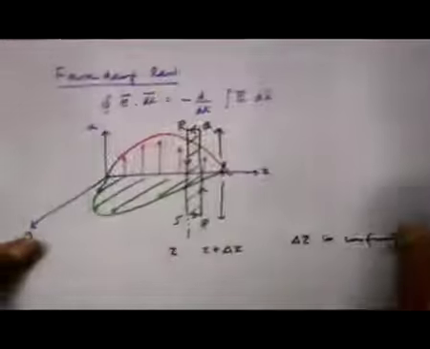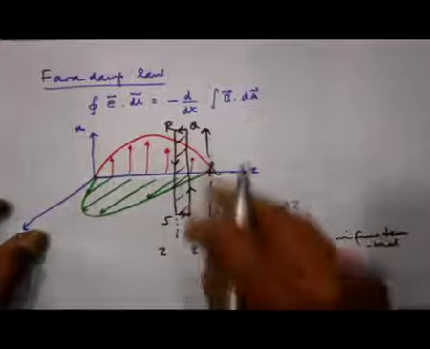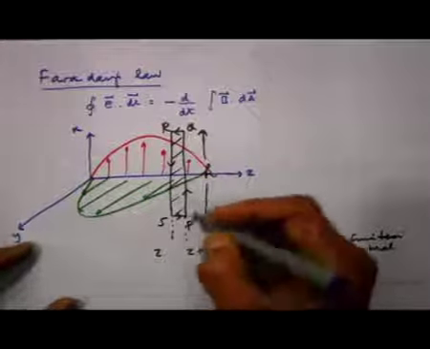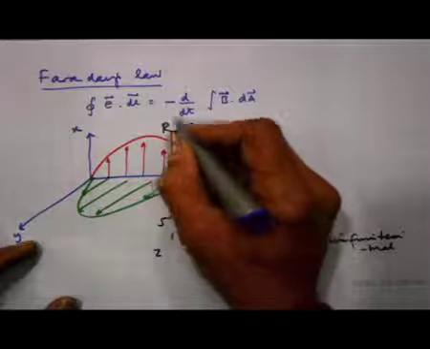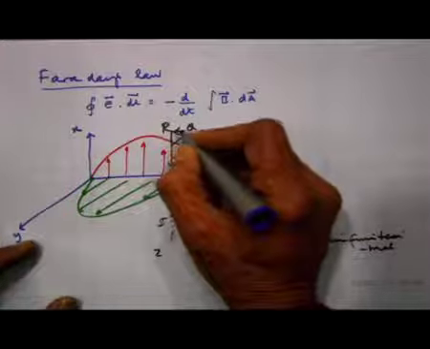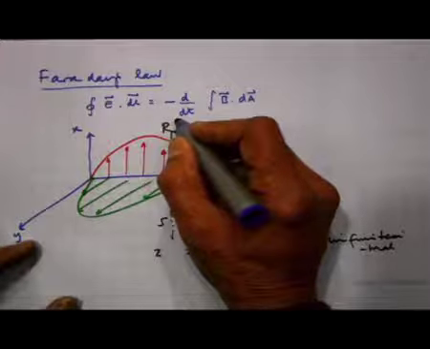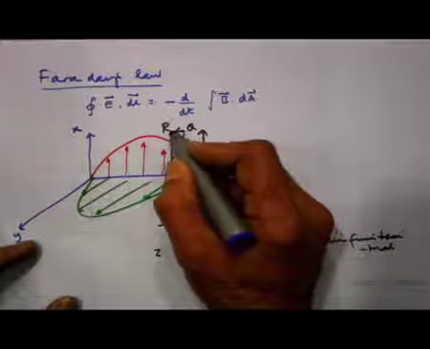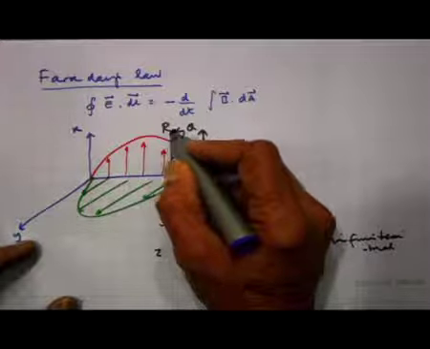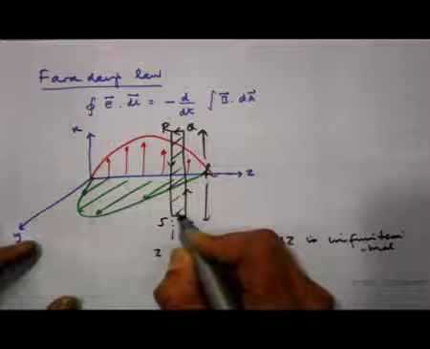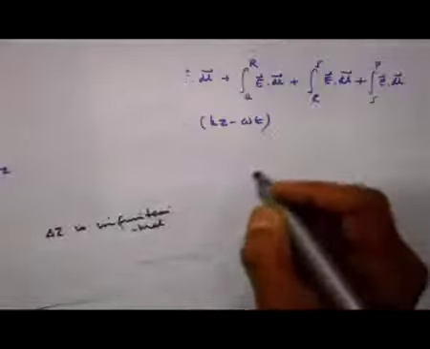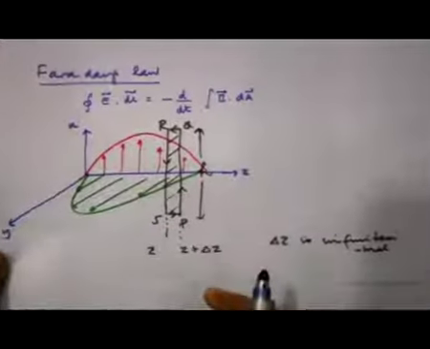Now, the electric field is along x axis. So, along the path QR, the dl vector is along QR and the electric field is perpendicular, so E dot dl in this path will be 0. Similarly, for the path SP, E is perpendicular to this line, and so E dot dl is 0. So, the integrals from Q to R and S to P are 0.